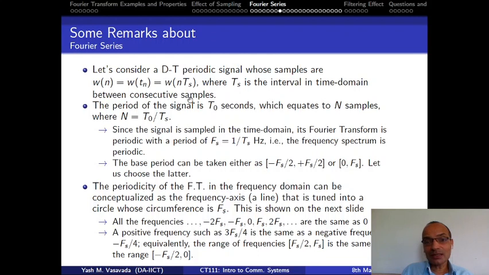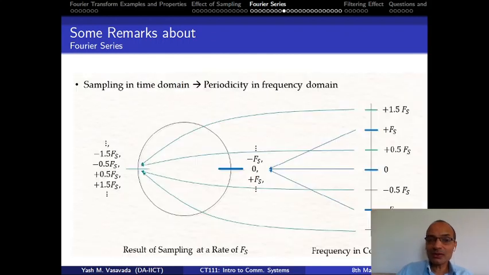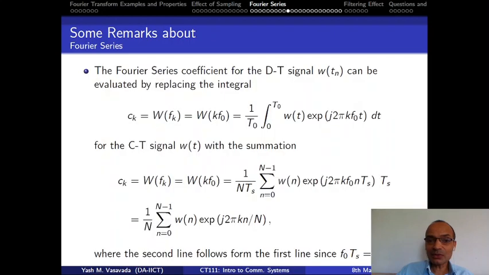When the frequency is discretized, what is the smallest frequency separation between two samples in the frequency domain? It is f0. And so therefore, what is the range of these discretized frequencies that we have to consider?